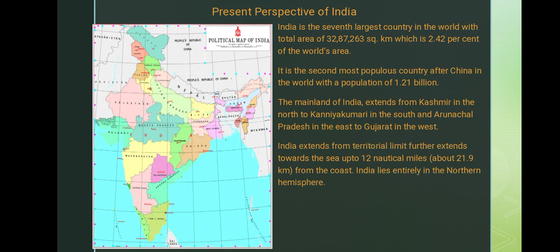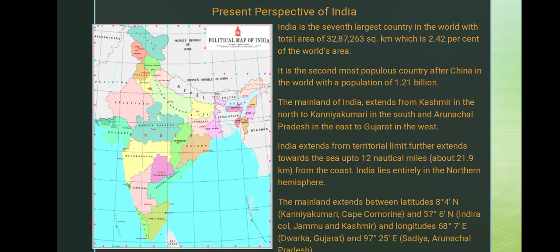India's territorial limit further extends towards the sea up to 12 nautical miles, that is 21 to 29 kilometers from the coastline. India lies entirely in the northeastern hemisphere.